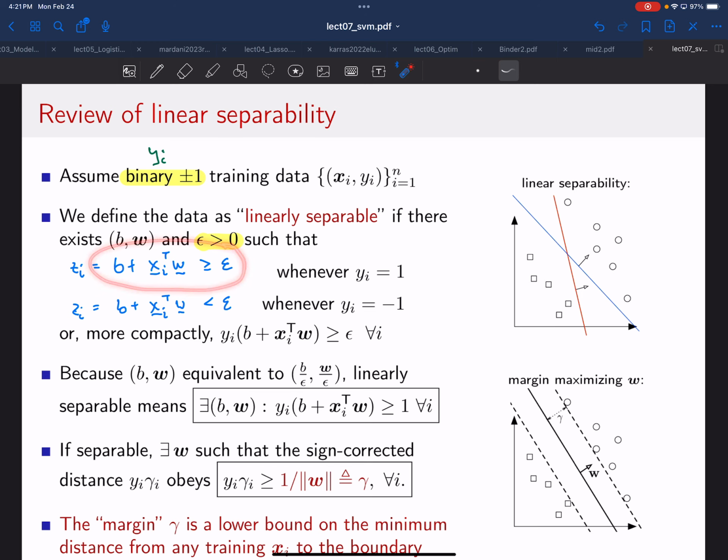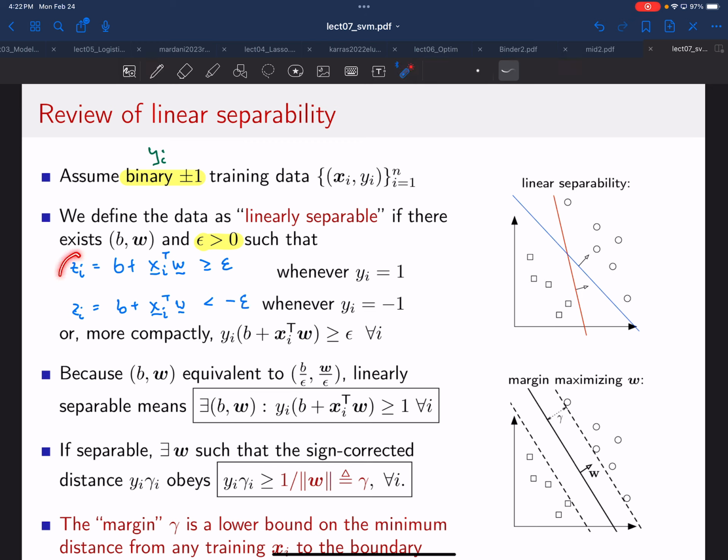If I multiply the left side by yi here, in this case, yi is 1, so the right side doesn't change. It just stays epsilon. But if I multiply the left side over here by yi, then because yi is negative in this case, I have to flip the sign on the inequality. Oh, actually, I made a mistake. There should be a minus over here on this epsilon. Sorry about that.